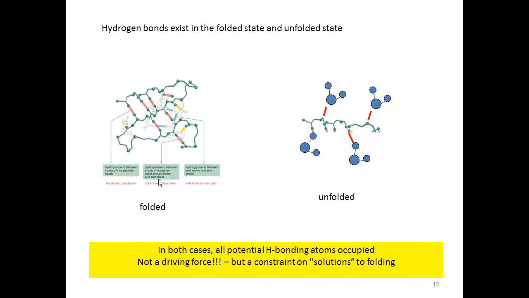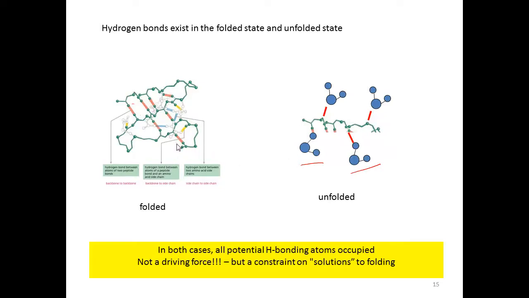I've tried to draw that schematic here. Here's a folded protein. Every atom which can be hydrogen bonded is hydrogen bonded. So that is one correct solution to satisfying the hydrogen bonded problem. In the unfolded state, though, these are my poor attempts to draw molecules of water. That's not to scale, obviously, but I'm just emphasizing the fact that every single atom that can hydrogen bond is hydrogen bonded to a molecule of water.